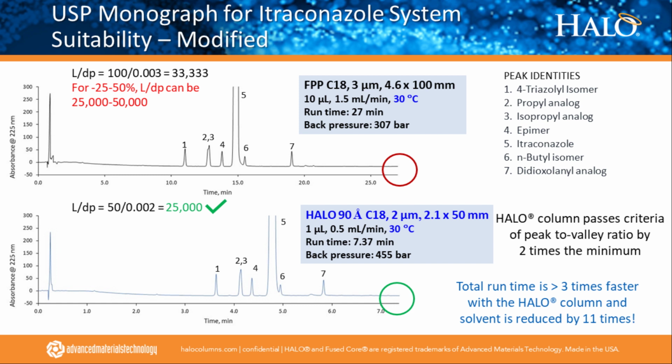And you can see the original separation of the system suitability is exactly what is prescribed, and their system suitability is to look at the peak to valley ratio. We're meeting that by 2 times the minimum on the Halo column, even though our total runtime is more than 3 times faster, and in this case, the solvent is reduced by 11 times.